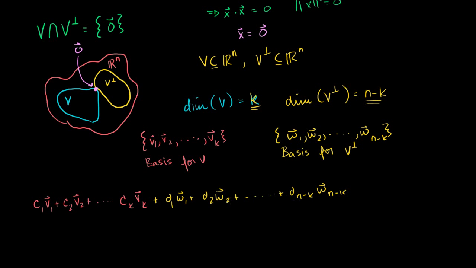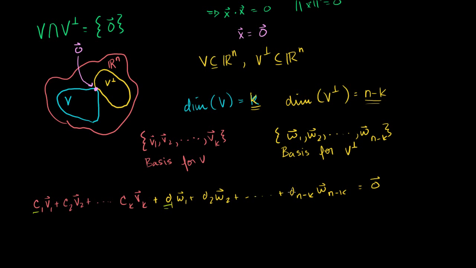Let's say that I'm curious about setting this sum equal to 0, equaling the 0 vector for some scalars, right? The scalars are these c's and these d's. And we know that there's at least one solution set of scalars for which this is true. We could multiply all of these constants c1, c2, ck, d1, d2, all the way to dn minus k, they could all be 0.